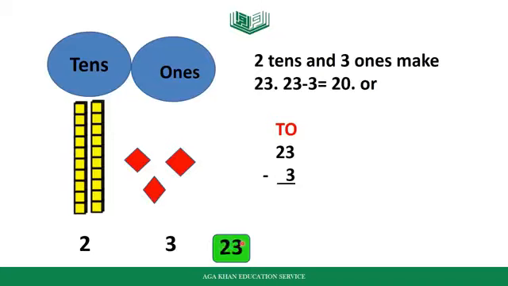This is the number 23. When we subtract 3 from 23, we get the number 20. See, this is the horizontal form and this is the vertical form. You have to keep this vocabulary in your mind as well.